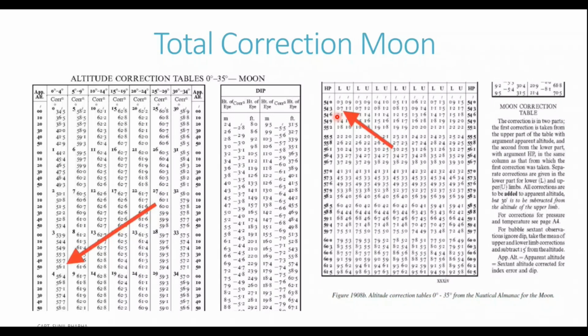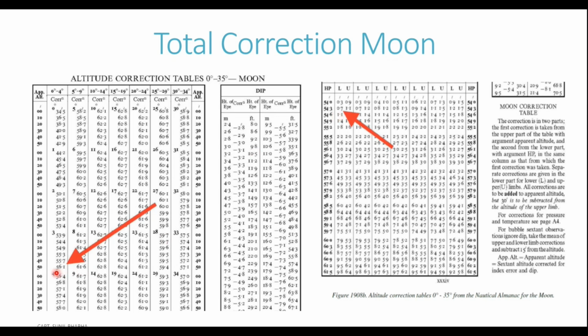But in case this was the upper limb of the moon, then you have to subtract 30 minutes in the end. You can call it an upper limb correction, and 30 minutes have to be subtracted from the altitude of the upper limb to obtain the true altitude of the body.